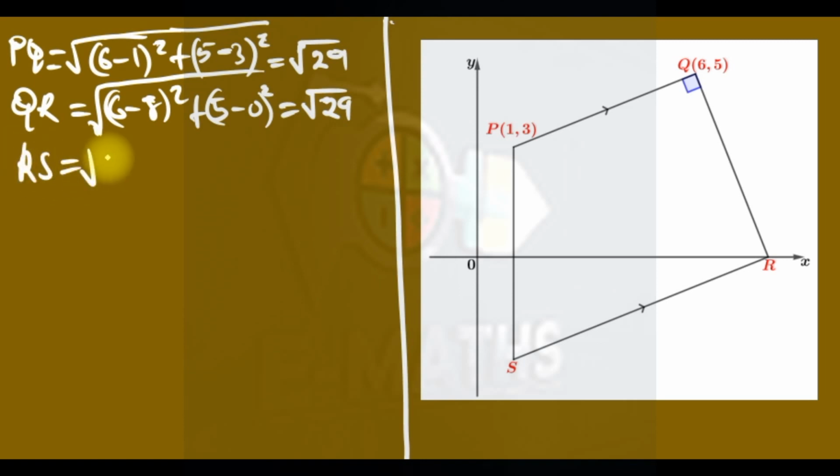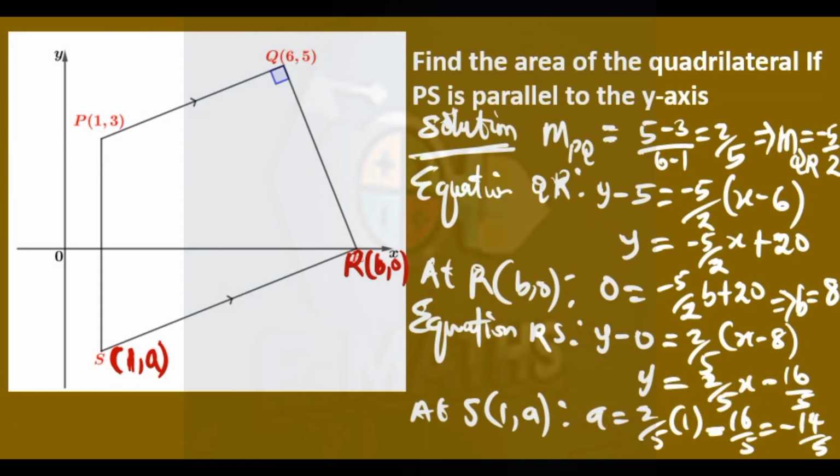RX is square root of 8 minus, the coordinate of x here is 1, 8 minus 1 squared plus 0 minus, I think what I got is minus 14/5.